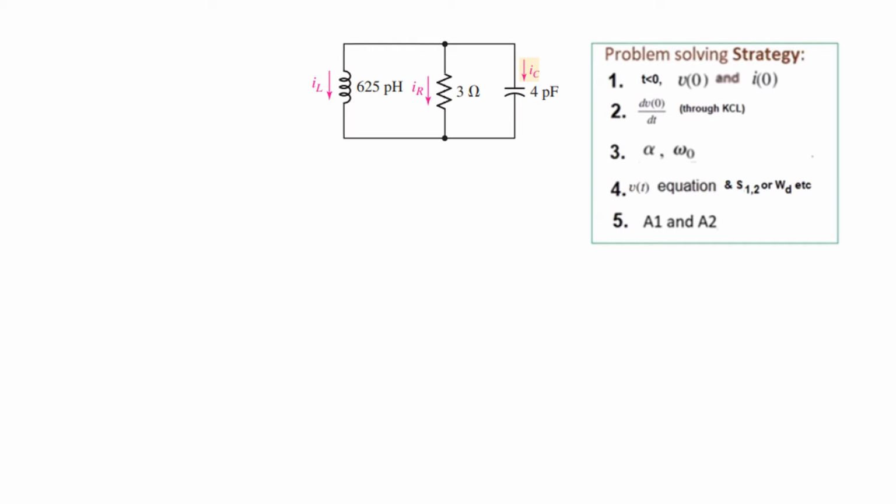As I mentioned, I follow a particular problem solving strategy. These are the 5 steps. The first is that we have to find V0 and I0 for t less than 0.